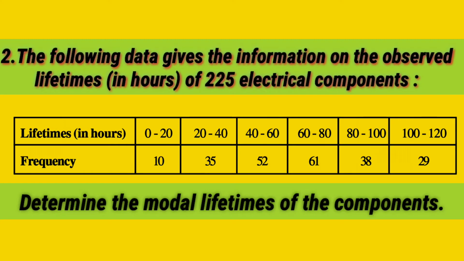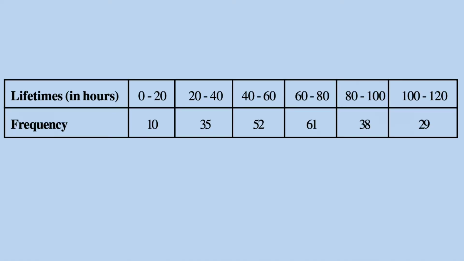Here is the table given below. Determine the modal lifetime of the components. So from this table we have observed that the maximum class frequency is 61. So we circle it.